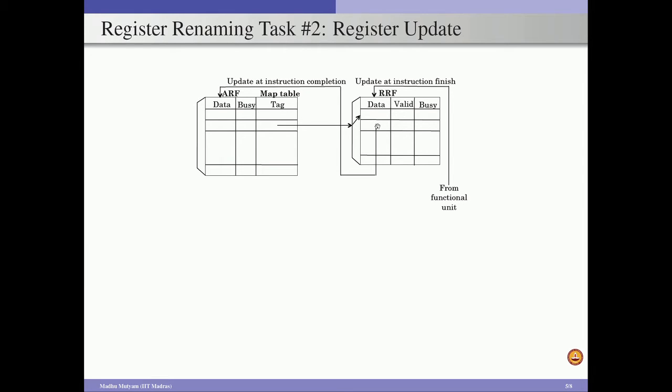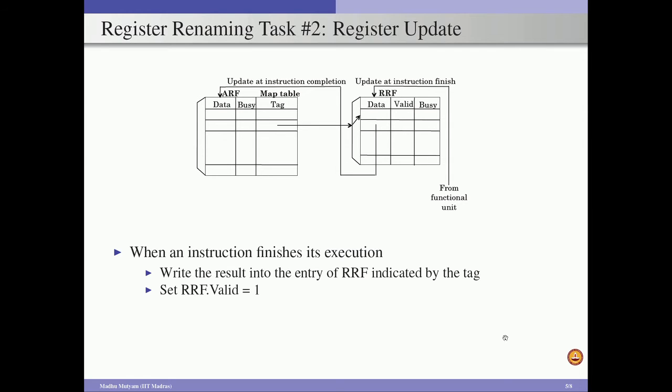And once we write that, then we have to set the valid bit to 1. So, when an instruction finishes its execution, we write the result onto the RRF at a location specified by the register tag, and we set the valid bit, and as a result, any dependent instruction which wants to use this value can use the value directly from this RRF.